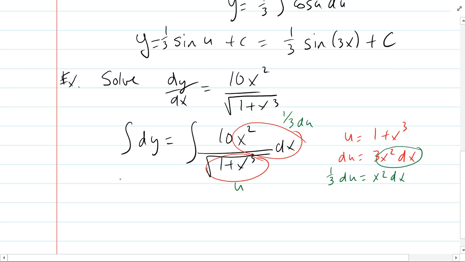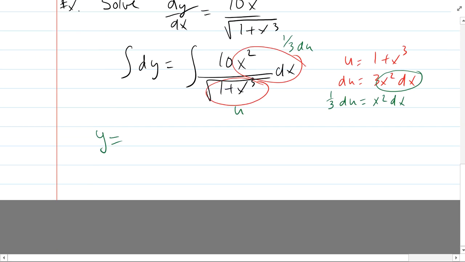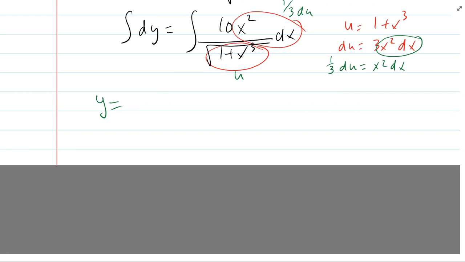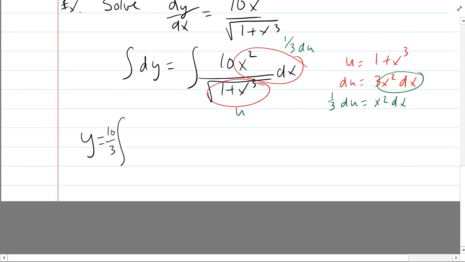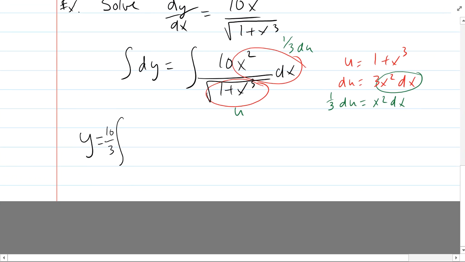Okay, so what do we become? What's the integral of dy? Just y. Yeah, y equals the integral, and I'm going to pull the 10 out in front, and I'm going to pull the 1/3 out in front. Yes? Then do I have 1 over square root of u du?